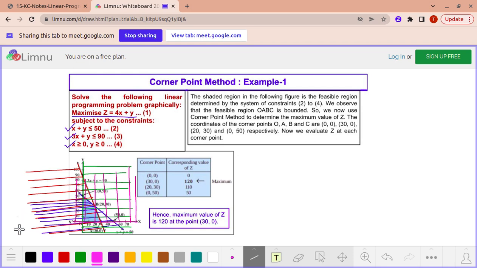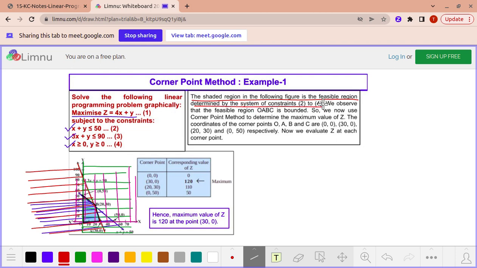So, what will that region be? If I mark it in the black color, it will be this region. That is why it is mentioned as the shaded region. The shaded region in the following figure is the feasible region determined by the system of constraints 2 to 4.